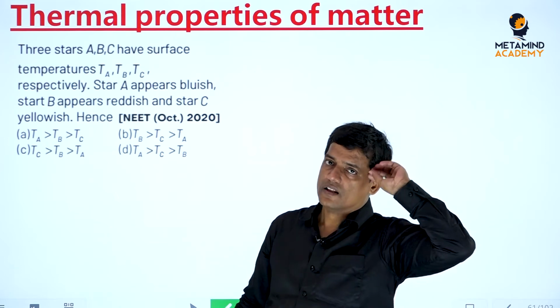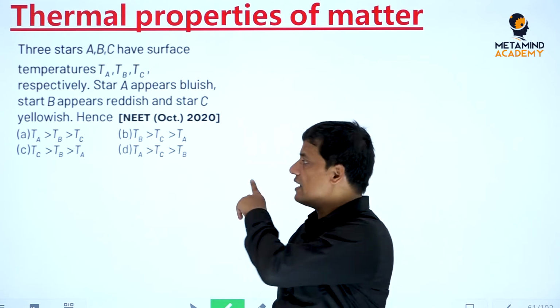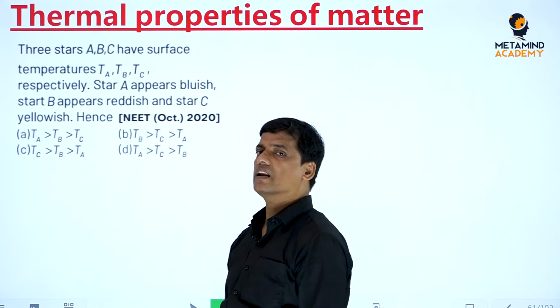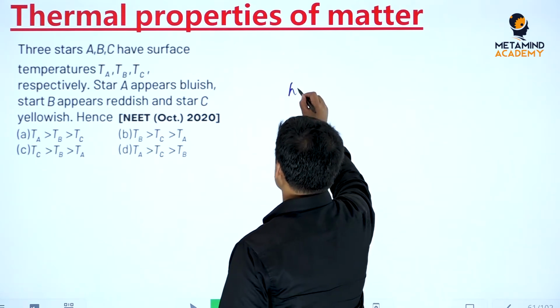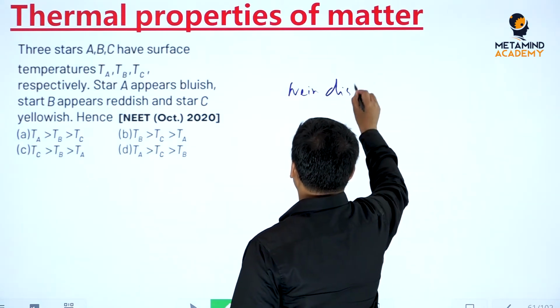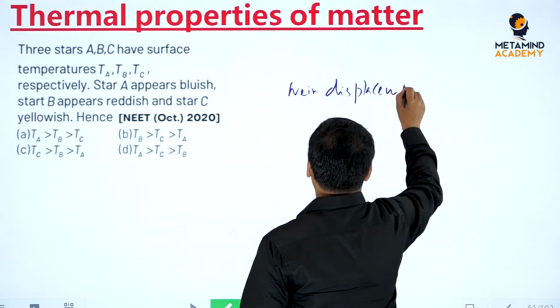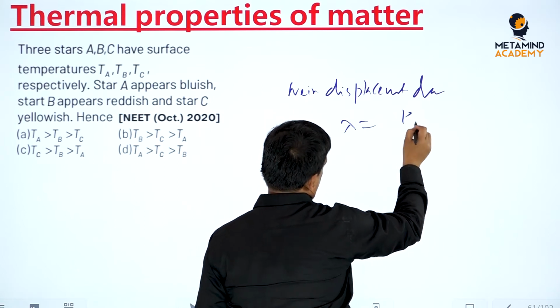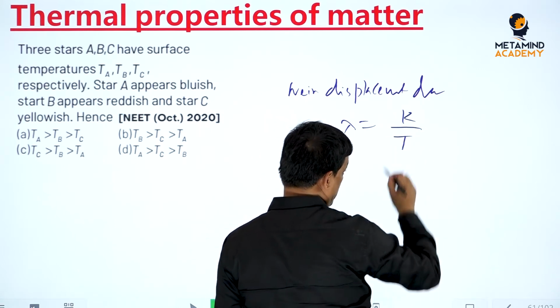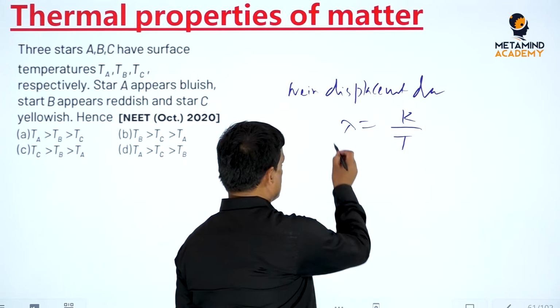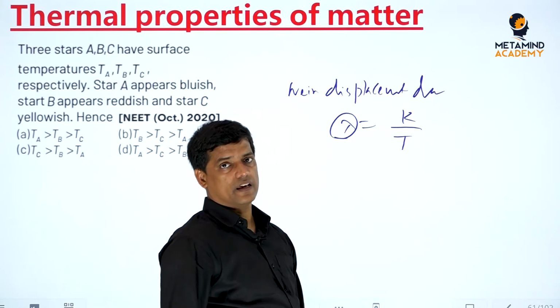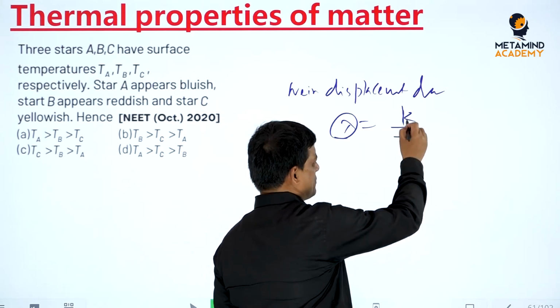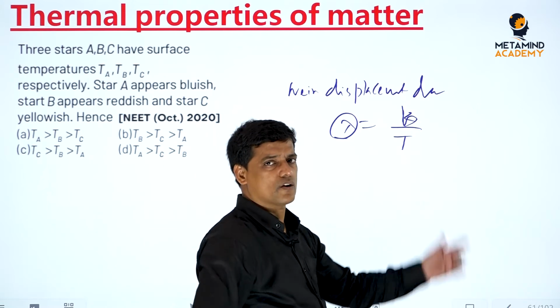That you can think of as a general observation, but scientifically you can say Wien's displacement law. What is that? Lambda is b by T, where b is a constant.